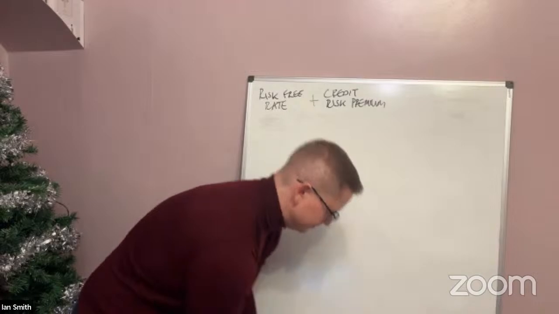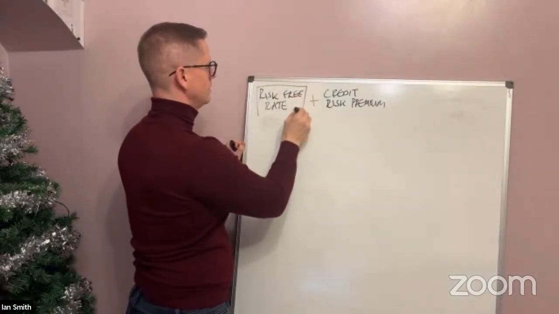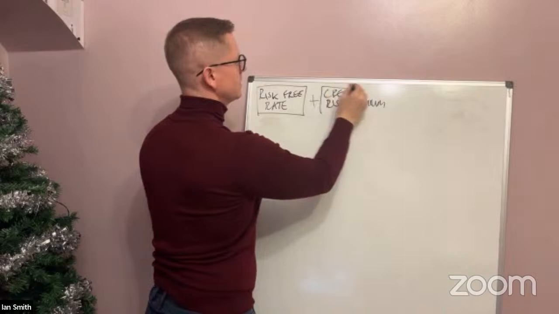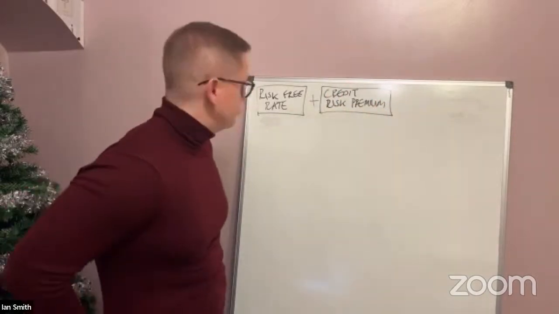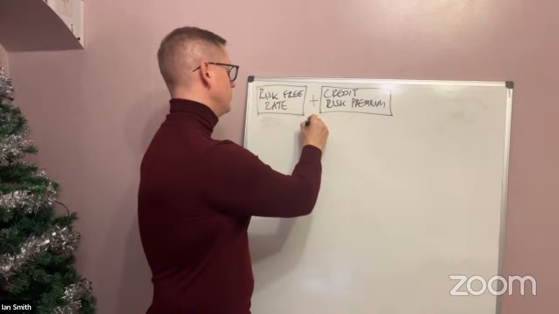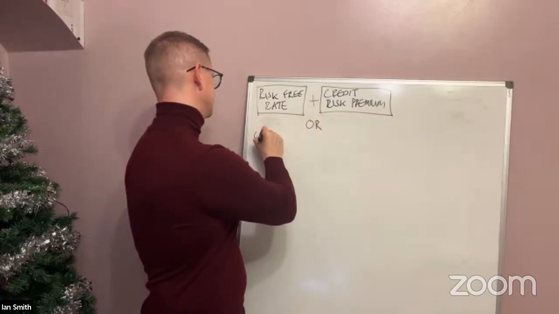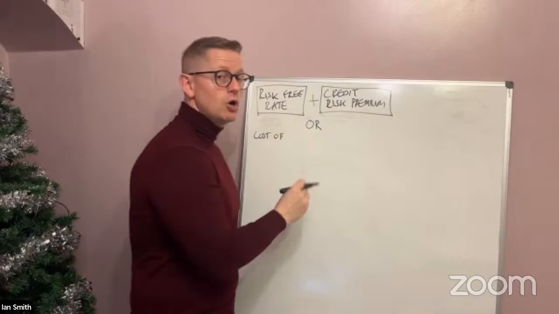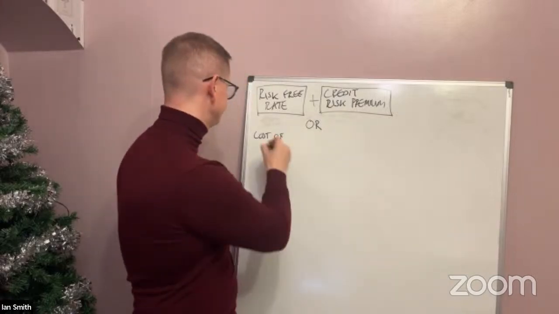So we've got one way of calculating cost of debt: that's the risk-free rate added to the credit risk premium. Or we can look at the cost of debt in its more literal form, or in terms of cost of borrowing.